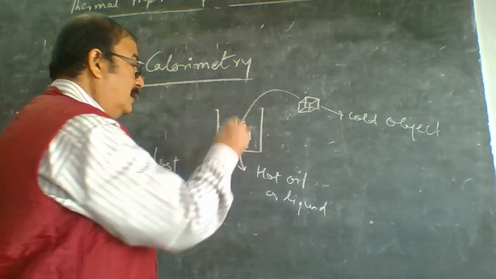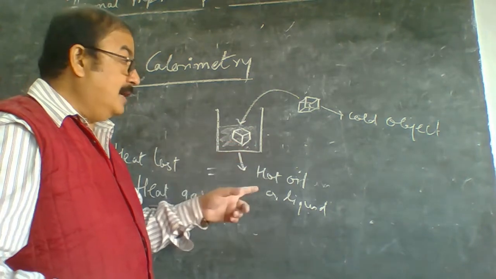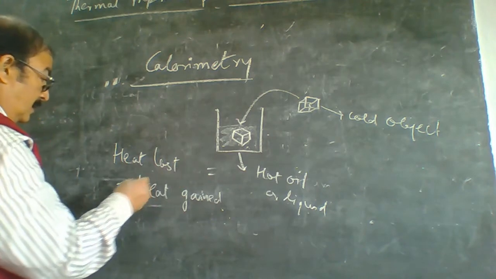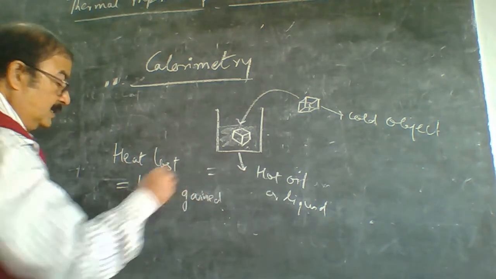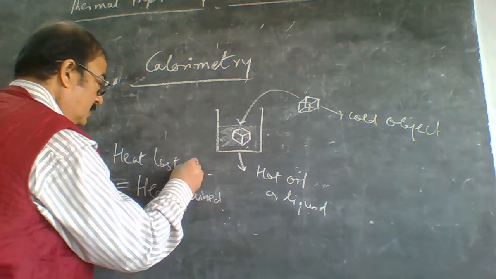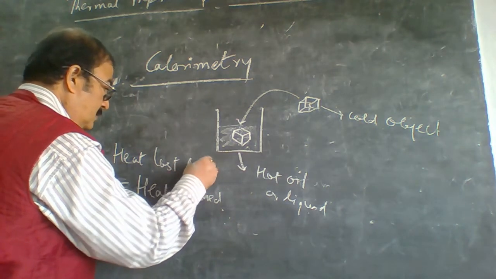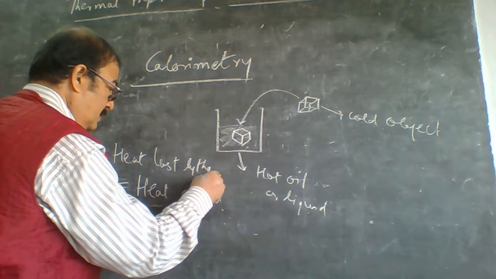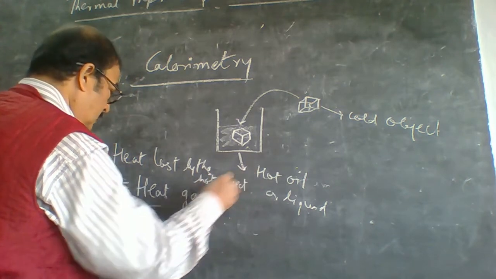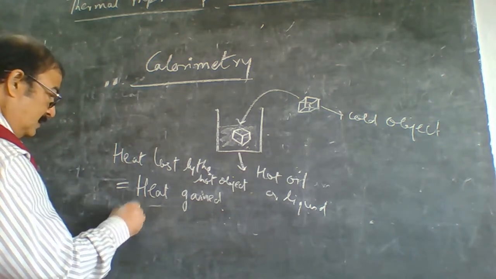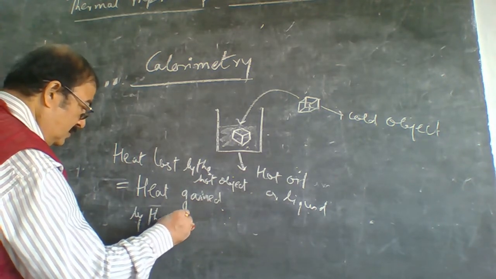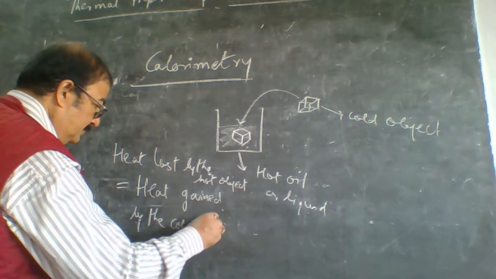This will gain heat and this will lose heat, and therefore we can say heat lost equals heat gained. Okay, heat lost by the hot body, hot object, and heat gained by the cold object.